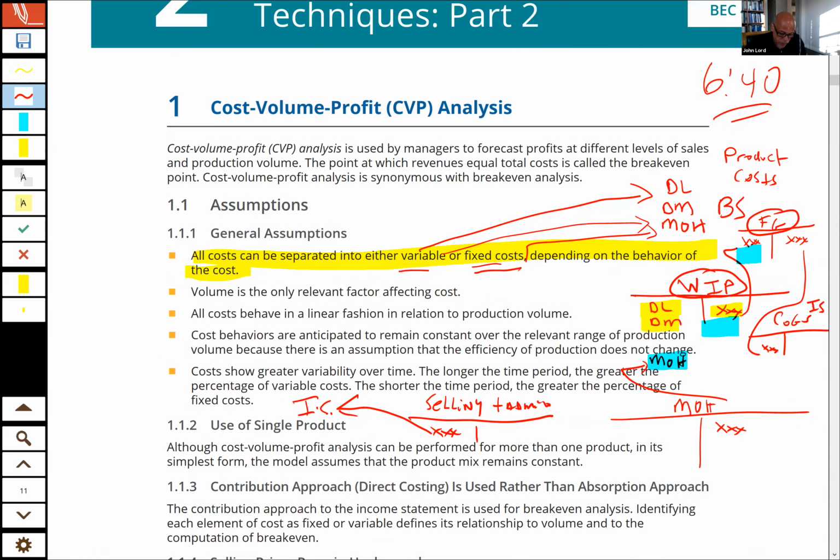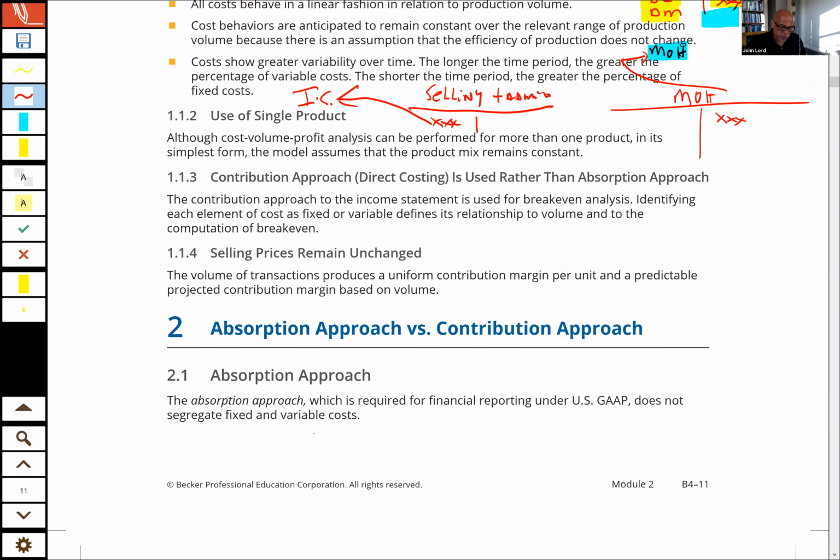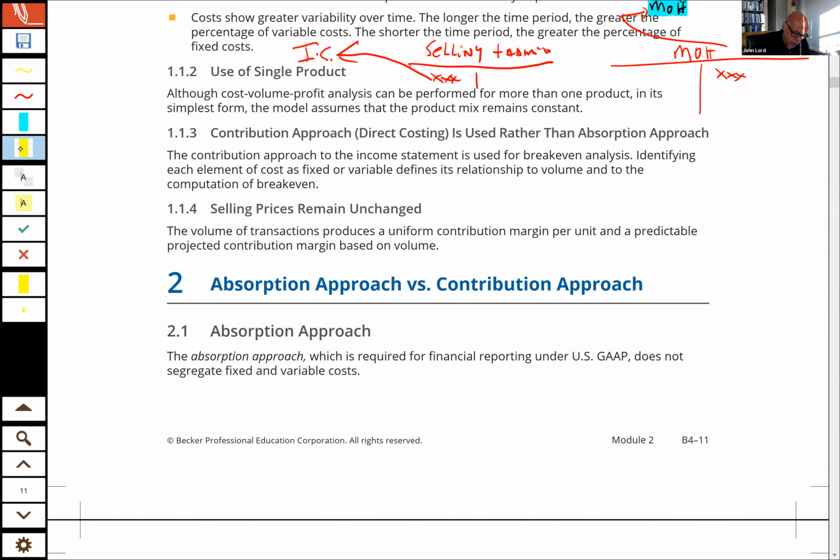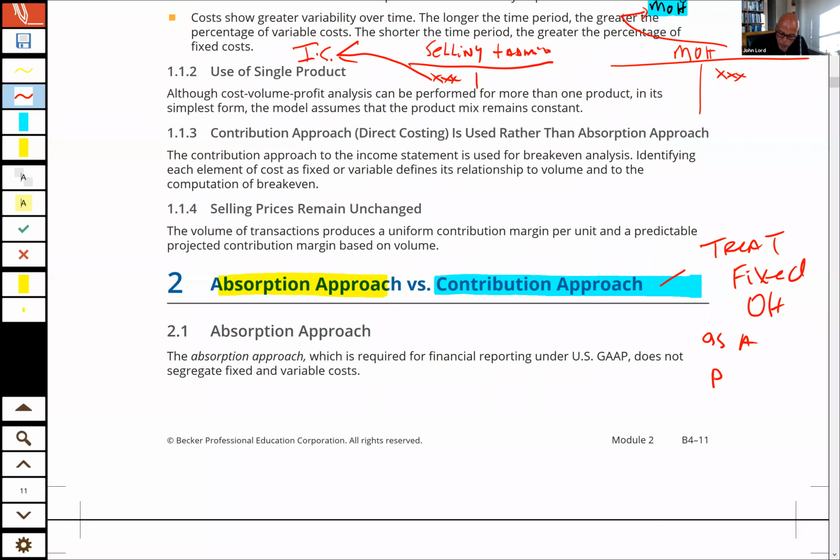So what we're going to see is there's the absorption approach, which I just described, versus a contribution approach. And what the contribution approach is going to do is treat fixed overhead as a period cost.